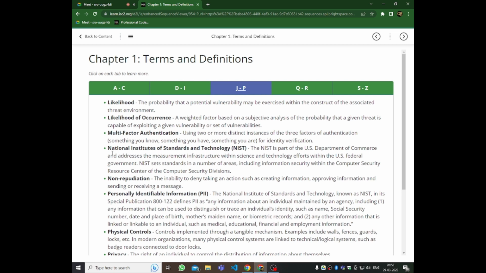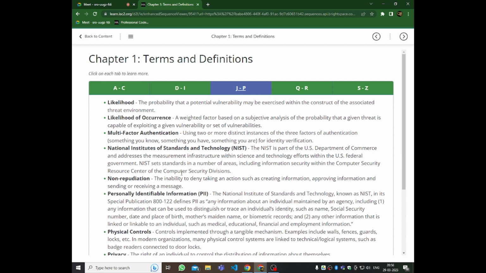Next is National Institute of Standards and Technology. NIST is part of the US Department of Commerce and addresses the measurement infrastructure within science and technology efforts within the US federal government.